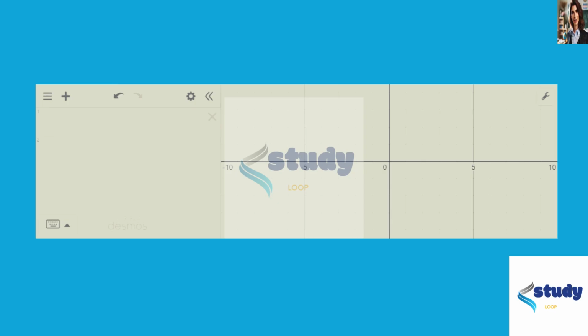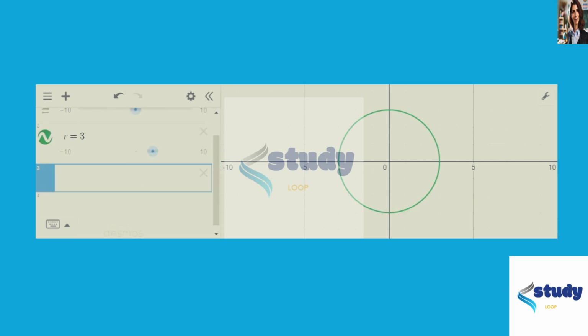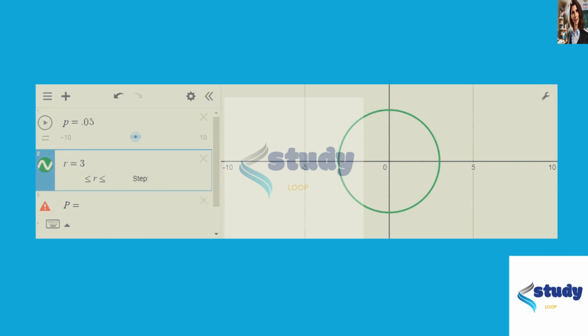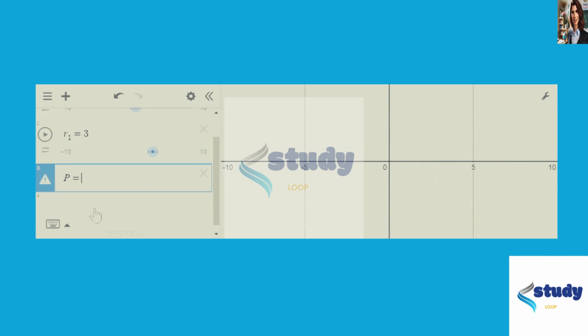All right, for this problem, at least in part A, all we have to do is write the equation and put in P equals 0.05 and R is 3. So P, this is the equation, equals, I don't think it liked me using just regular R, so I'm going to call this R1.